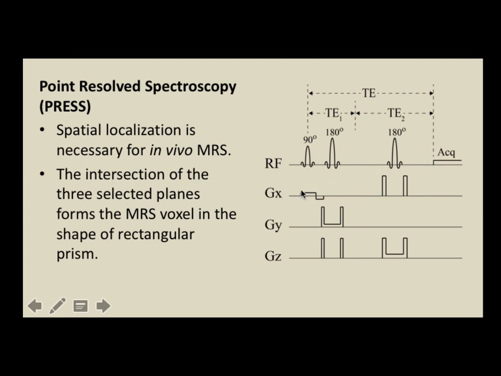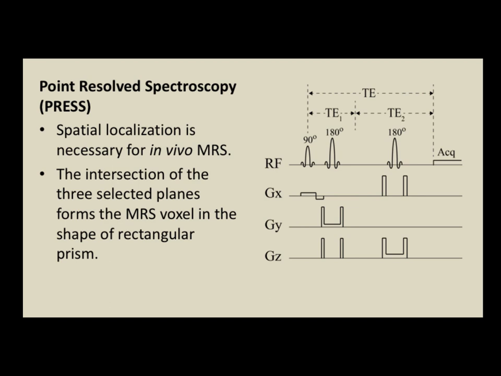There is a slice selection gradient for the 90, 180, and 180 pulses. Each slice selection gradient selects a plane. The three planes are orthogonal to each other. So the intersection of the three planes forms a rectangular prism. That's our selected voxel.